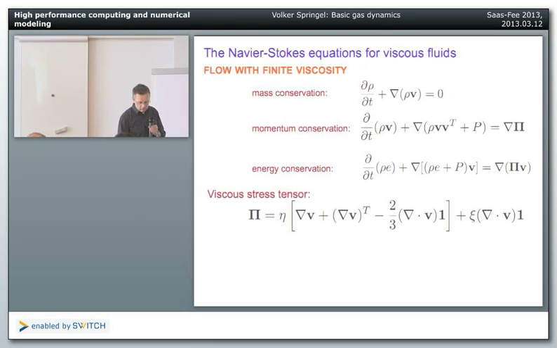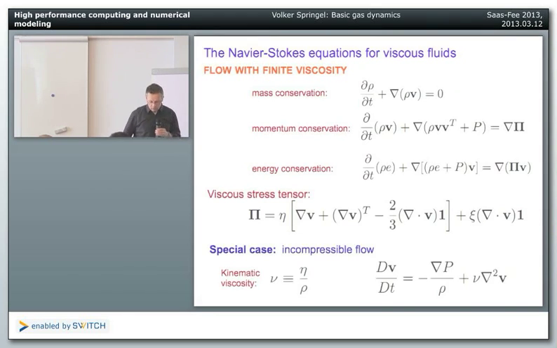Right? So the viscous stress tensor basically describes the internal stresses that make the fluid resist motion. And this can be against compression or it can be against shear. And in practice, a very important special case is incompressible flow.